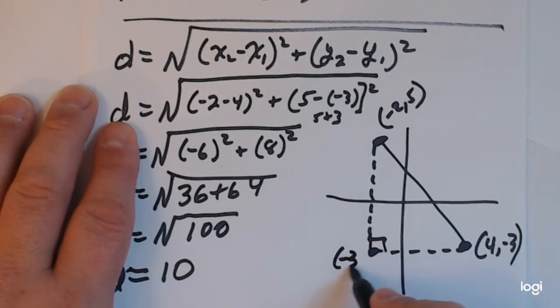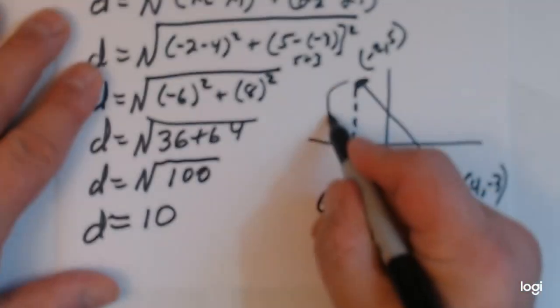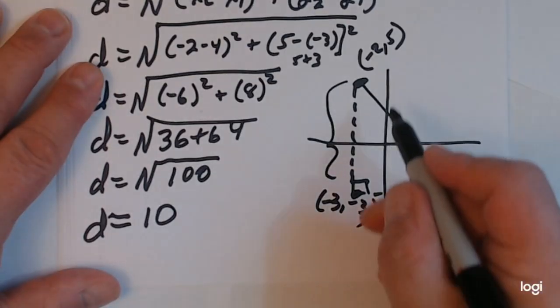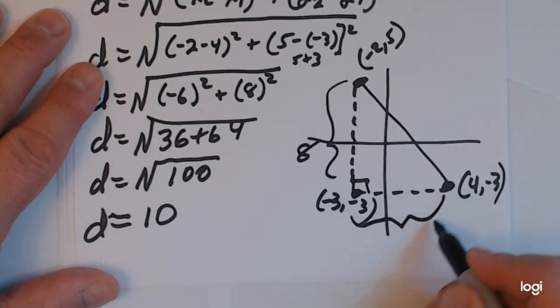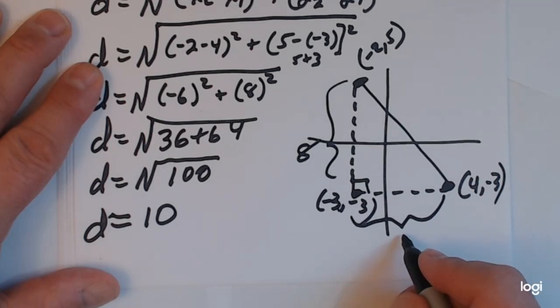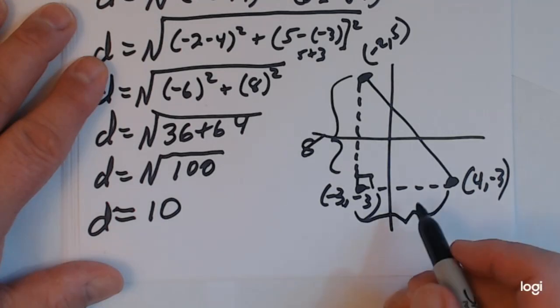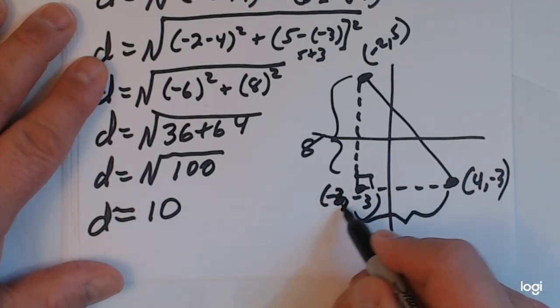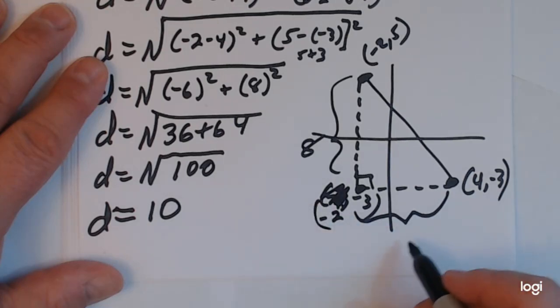This is negative 3, negative 3. So that's going to give us, let's see, the distance here would be from negative 3 to 5 would be 8 units. And the distance here would be from negative 3 to 4, which would be, this is negative 2, negative 2, comma negative 3. And this would be 6 units.